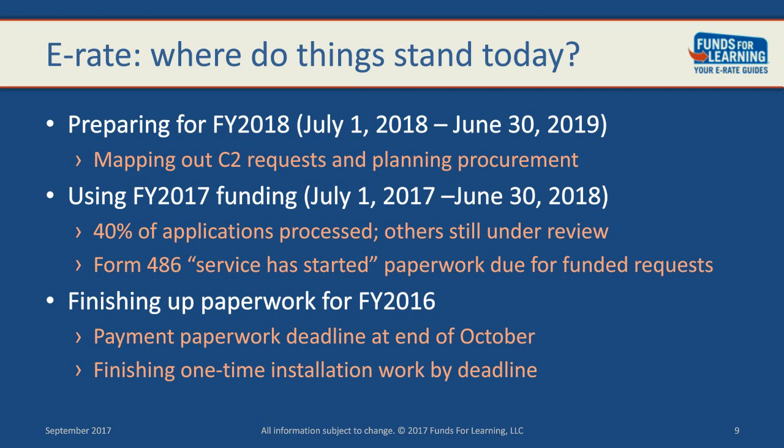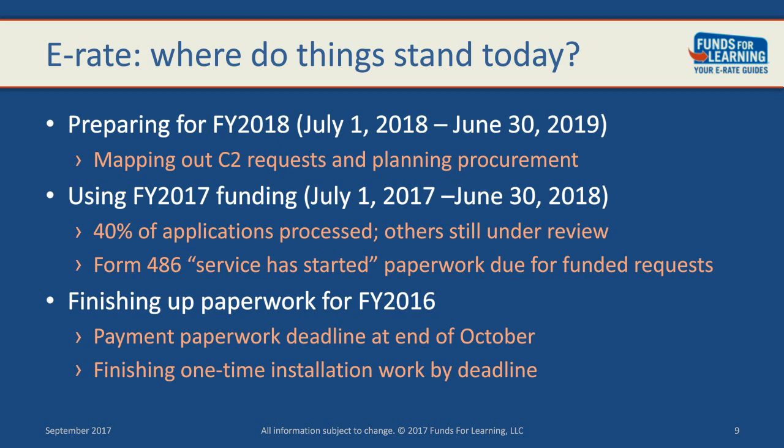Finally, we are also in the process of wrapping up the 2016 funding year. There is a deadline at the end of October for the payment paperwork associated with recurring services like your internet access or telephone service. Those bills all need to be submitted to USAC by the end of October if you are in the process of seeking reimbursement. You may also be in the process of completing any one-time work associated with the 2016 funding year.